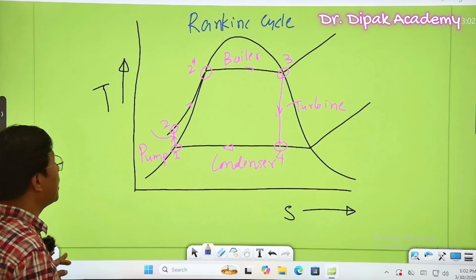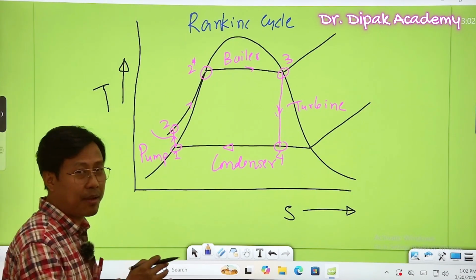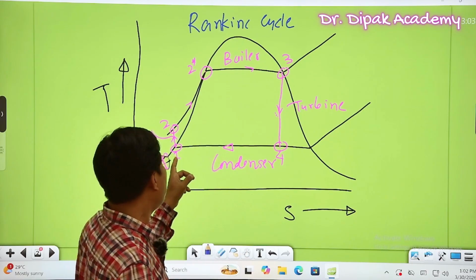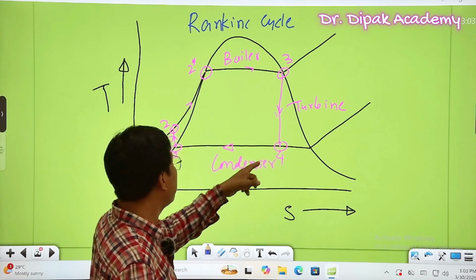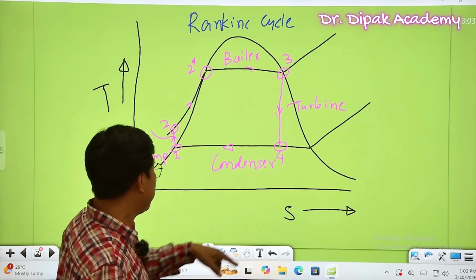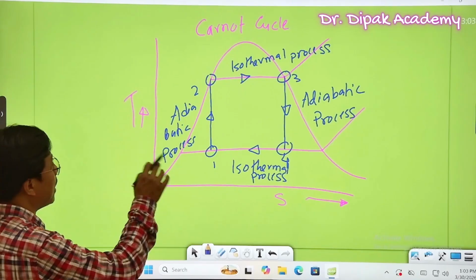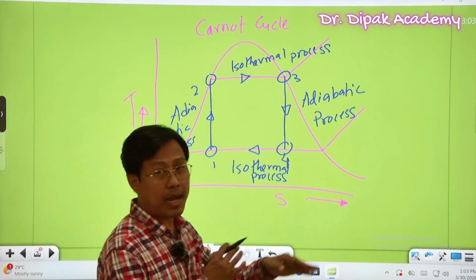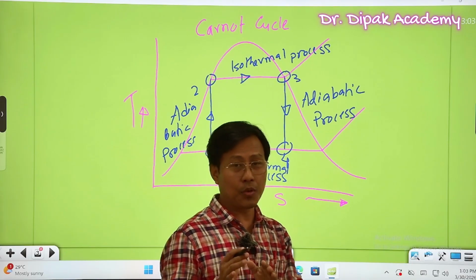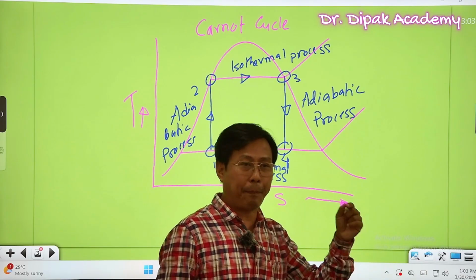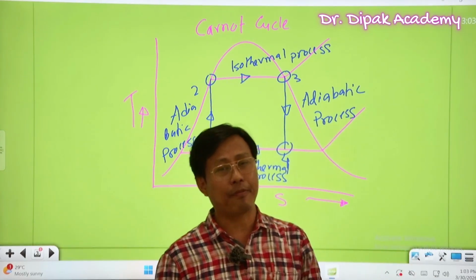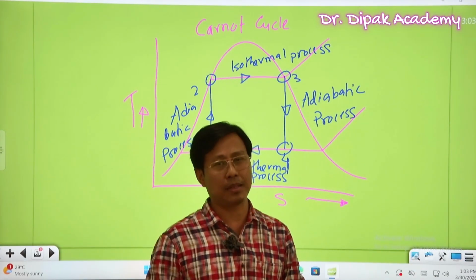Then we have learned the TS diagram and how the processes take place to make a Rankine cycle. After learning the Carnot cycle, we have understood the modifications made in the Rankine cycle so that we have a practical vapor power cycle which can be applied in a steam turbine power plant.